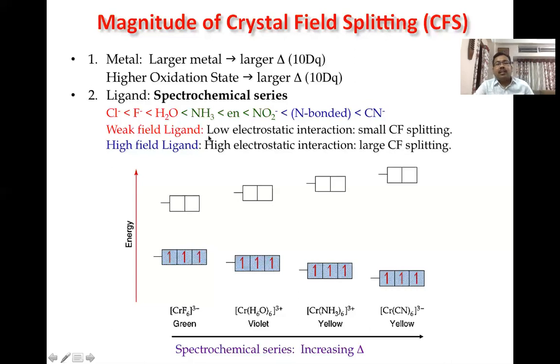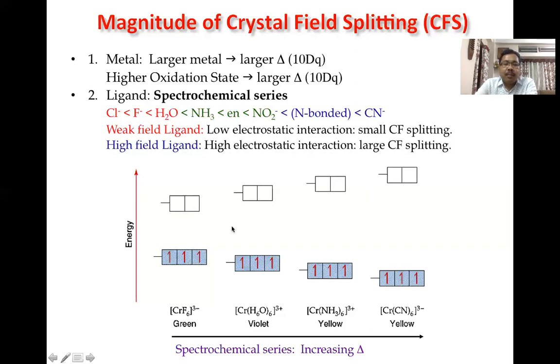Weak field ligands cause small crystal field splitting because they have low electrostatic interaction. On the other hand, strong field ligands cause large crystal field splitting because of the strong electrostatic interaction.